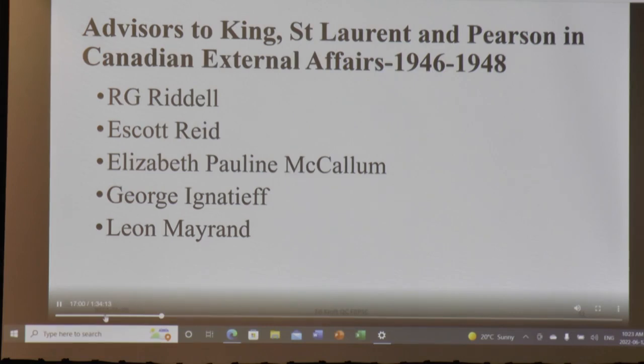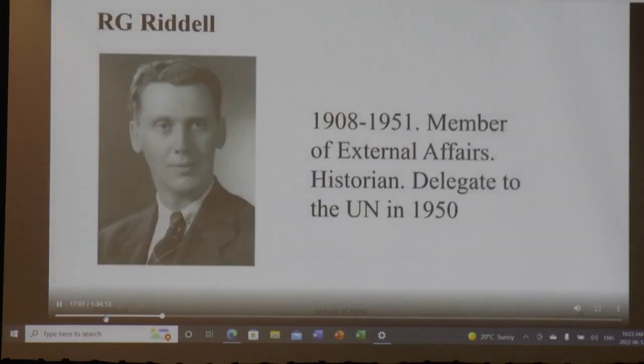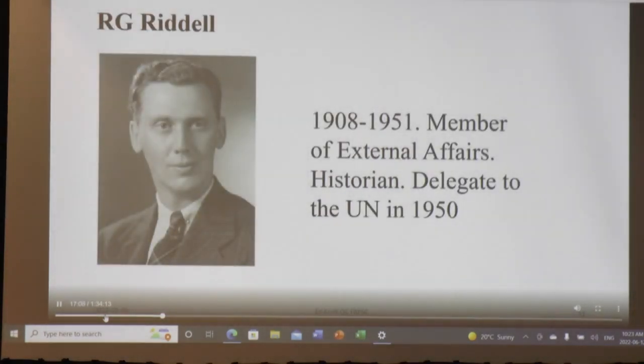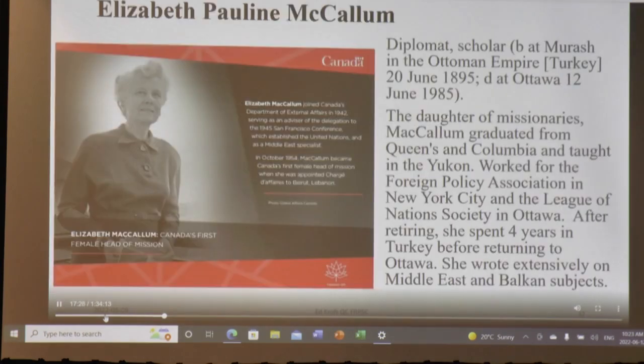Now these people couldn't have done their work in this presentation without the help of different people. So we see different people in external affairs whom we're going to see referred to in the archival material coming to the fore. A man who died very young, R.G. Riddell, delegate to the UN in 1950, he died in '51 in an accident, as I believe, and he was a historian who worked in external affairs.